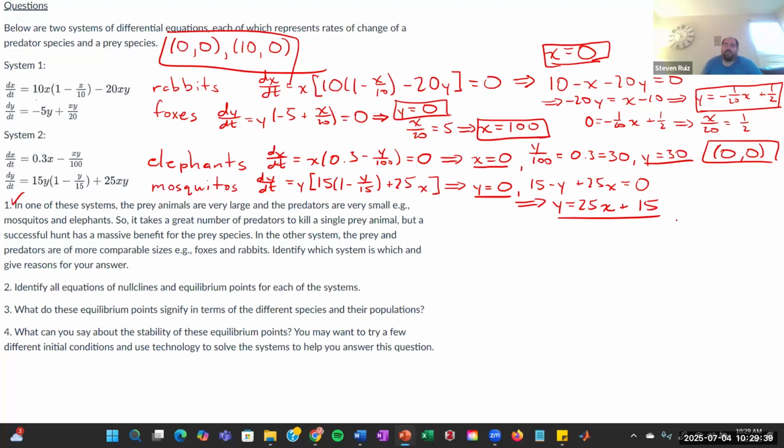What about x equals 0? Can it cross y equals 25x plus 15? I believe it can. In that case, if I plug in 0 for x, I get y equals 15. So 0, 15. And that's where we see our carrying capacity again.